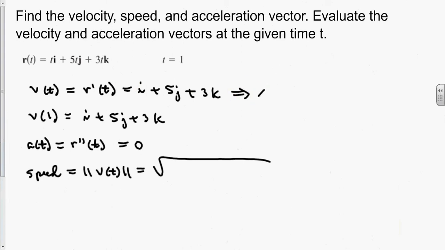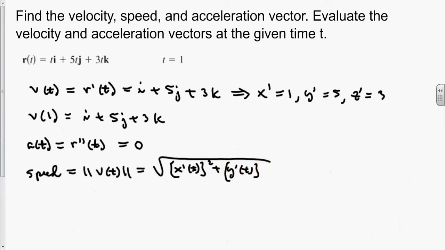So this implies that x prime is equal to 1, y prime is equal to 5, z prime is equal to 3. So this becomes x prime of t squared plus y prime of t squared plus z prime of t squared.